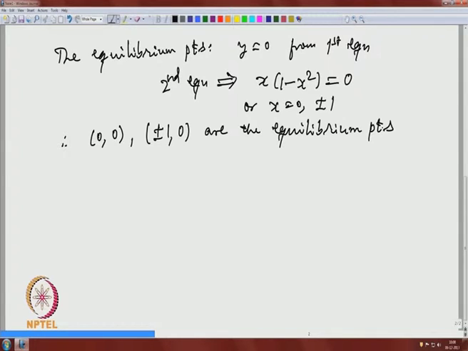And now, let us calculate the Jacobian at these 3 points. Let me just calculate the Jacobian at a general point x y. This is now a 2 by 2 matrix, as we are in a 2 dimensional system.